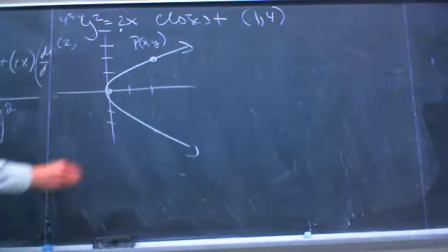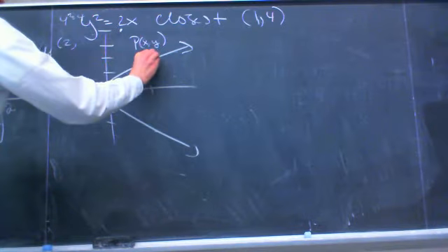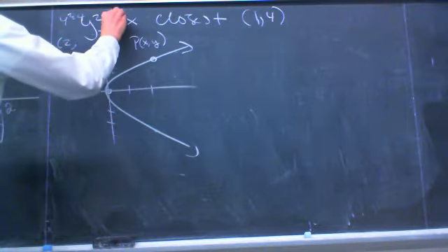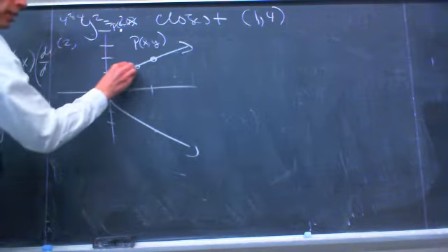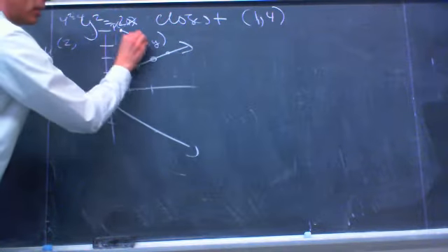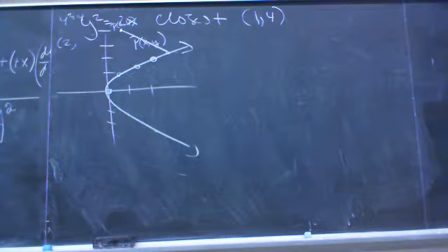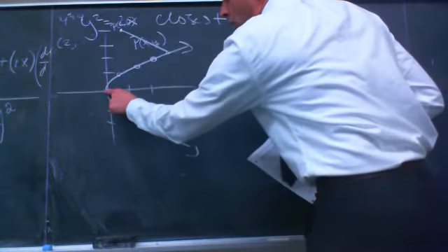Over 1, up 4. So what point along this curve will get me closest to the point 1, 4? So what concept is this? It's the concept of distance. We're talking about what point along this curve will put me closest to the point 1, 4.